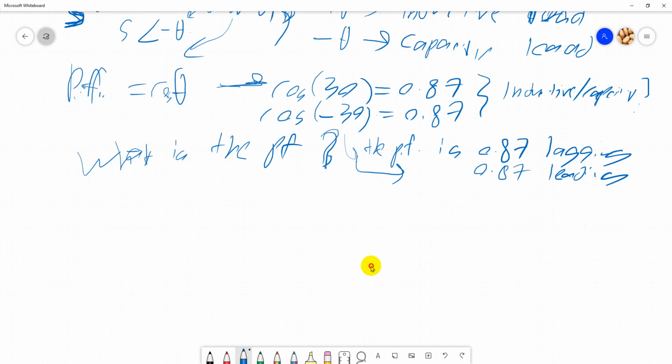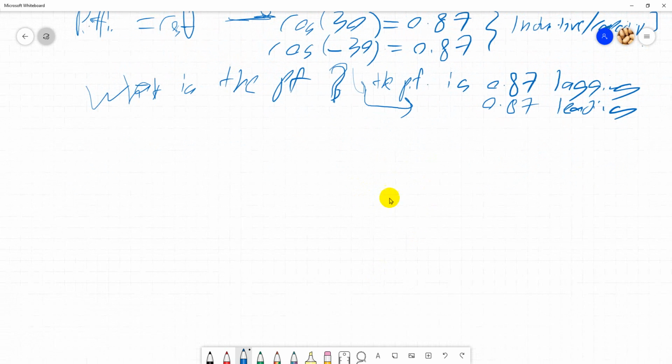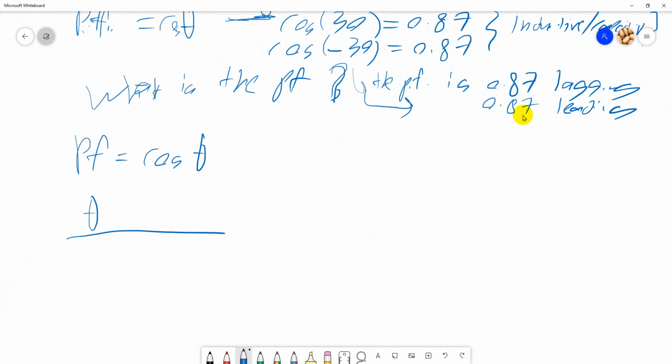So you have to make sure to mention leading and lagging. PF equals cos theta, and theta can be either positive or negative.